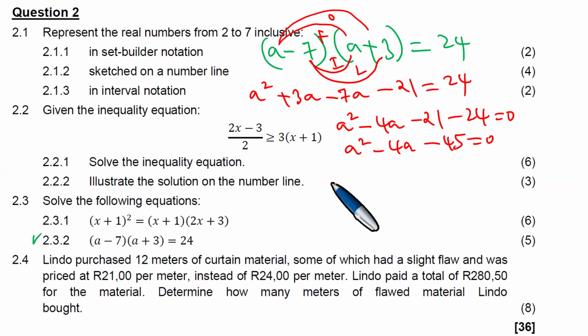Now to deal with this, we need to factorize it. What do we do? We multiply the a squared with minus 45 and you get minus 45a squared. And then we look for factors of minus 45 that give minus 4.